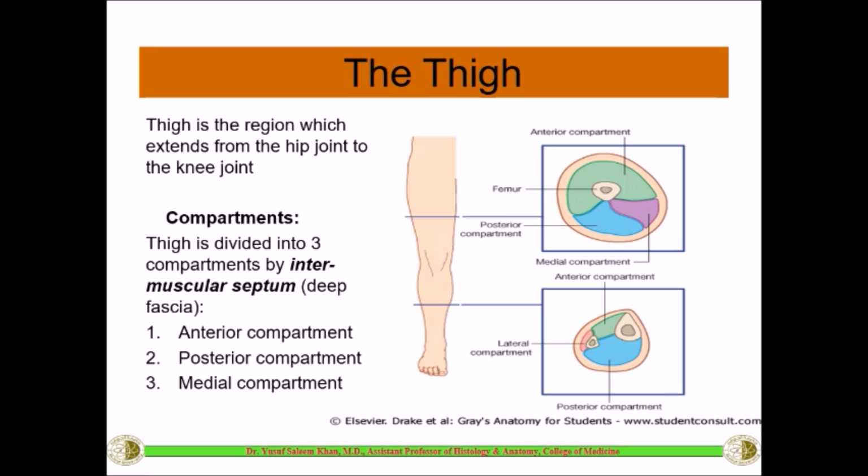There is also an additional, very small compartment formed by the muscle coracobrachialis. So the presence of the coracobrachialis on the medial side indicates the medial compartment, which is very similar to the thigh, where we have the three compartments.